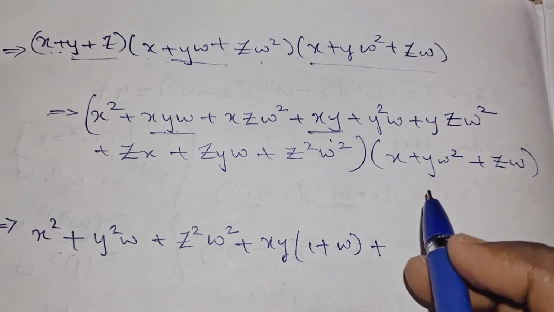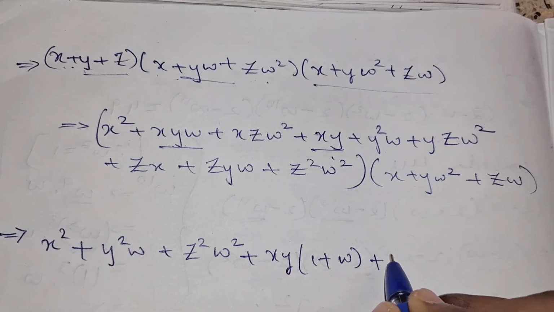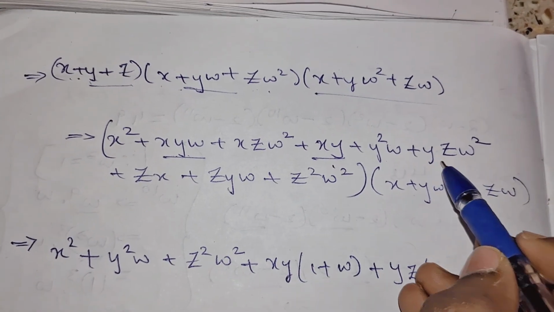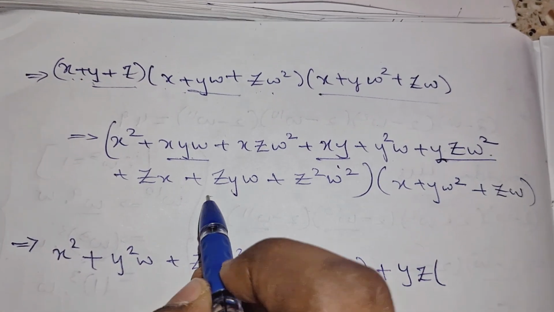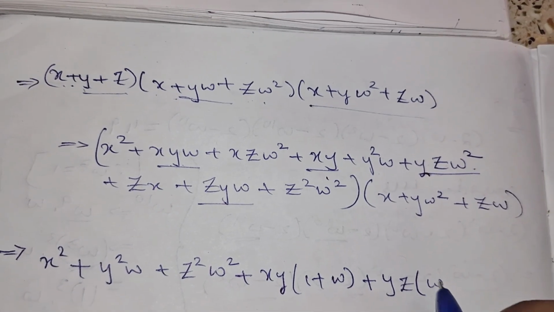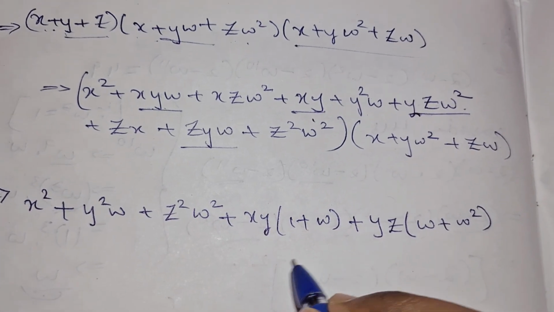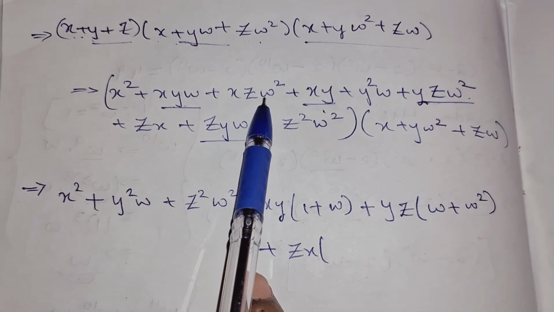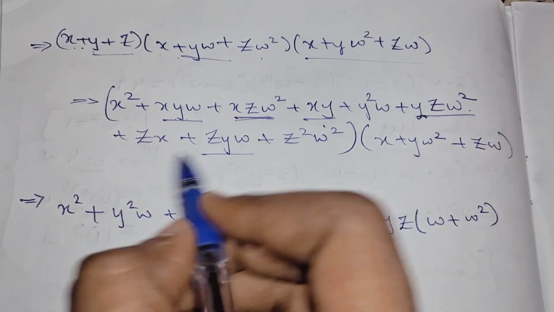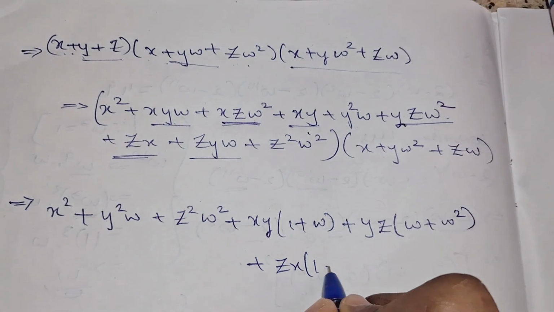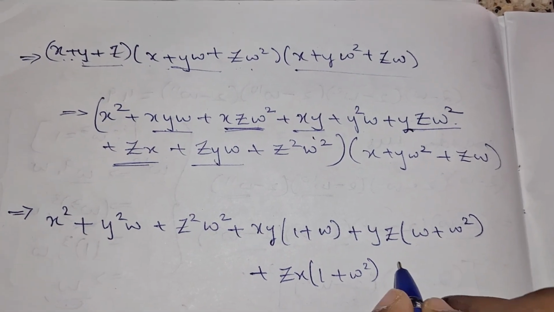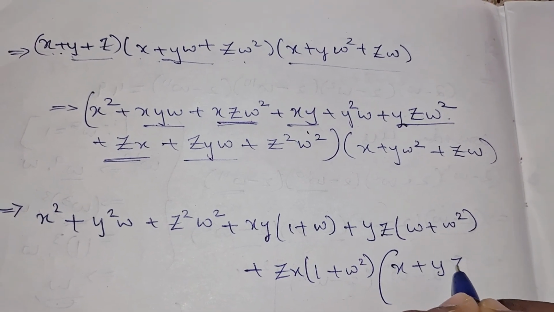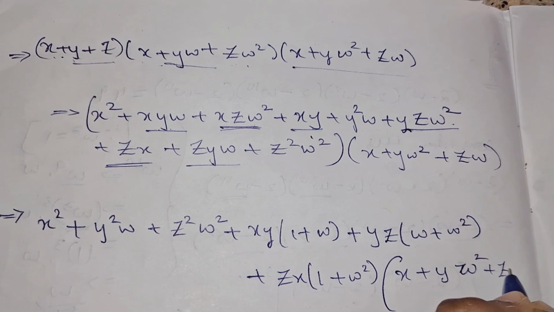Then I will take yz common, I'll be left with omega square and omega, so omega plus omega square. Then I'll take zx common, with which I'll be left with omega square and 1, so that is 1 plus omega square, or omega square plus 1. This is completely multiplied by x plus y omega square plus z omega.